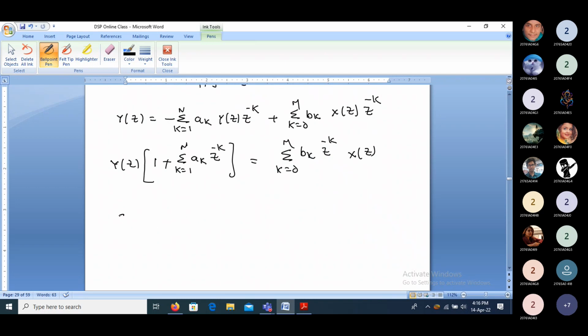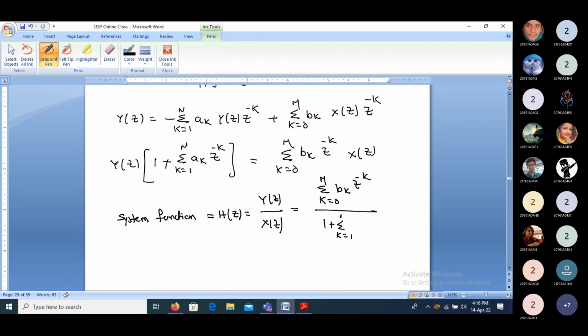So from this one, the system function or the system transfer function, which is denoted by H of z, is equal to the ratio between Y of z and X of z, which is equal to summation k is equal to 0 to M of bk into z power minus k, divided by 1 plus summation k is equal to 1 to N of ak into z power minus k.